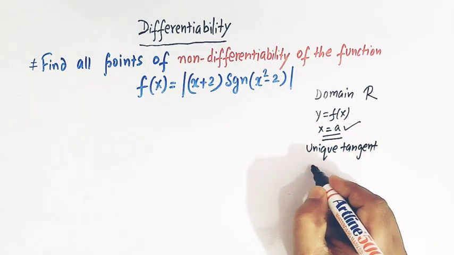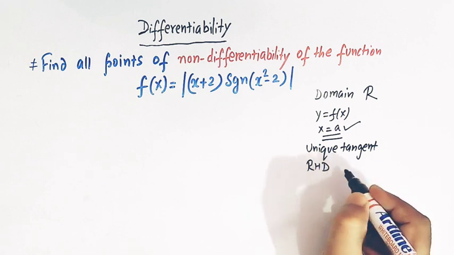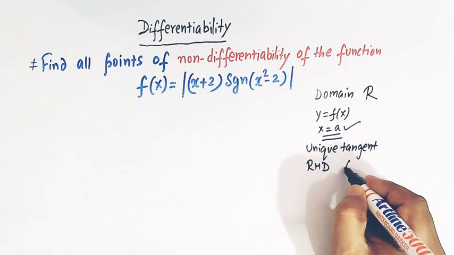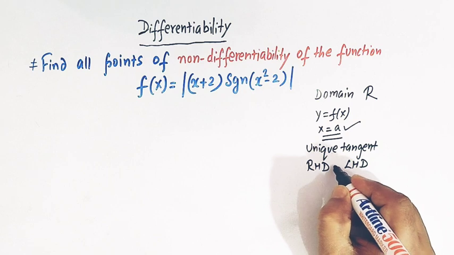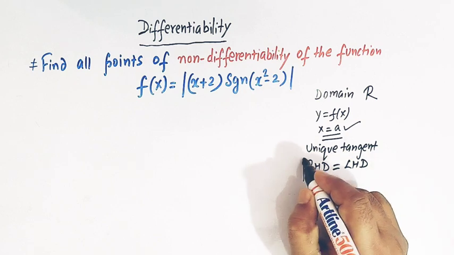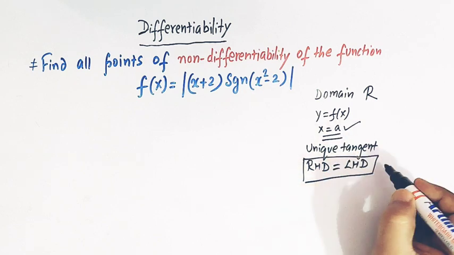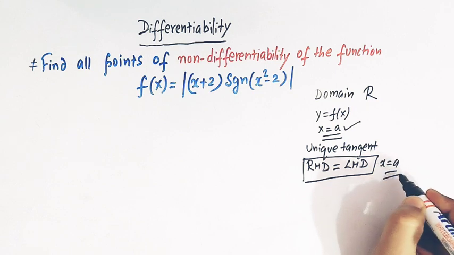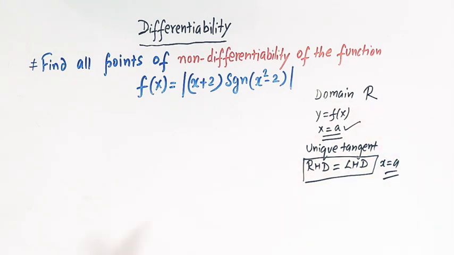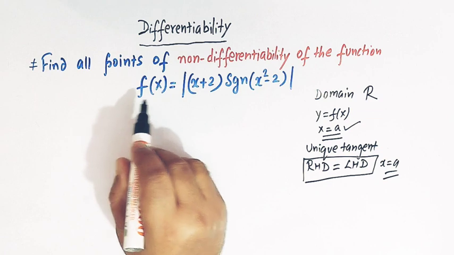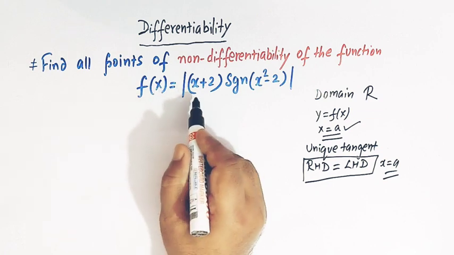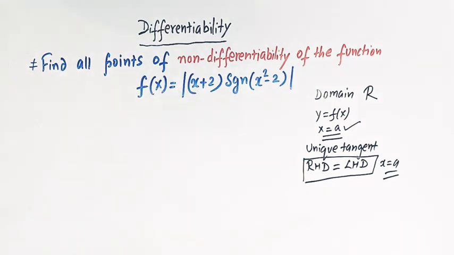Or in other words, we can say that the right hand derivative must exist and the left hand derivative should also exist, and both the derivatives are equal at this point x is equal to a, right? And then we can say that a function is differentiable at this point x is equal to a, right? And here we have to find the values of x for which this function is not differentiable or does not have a unique tangent.